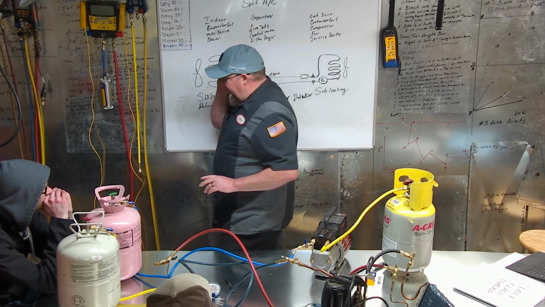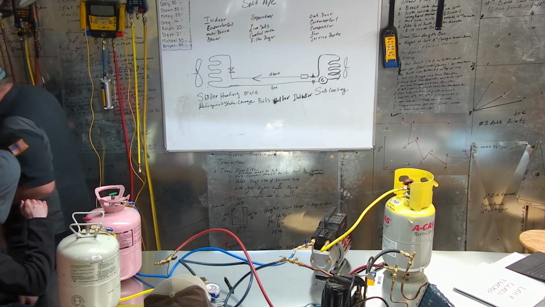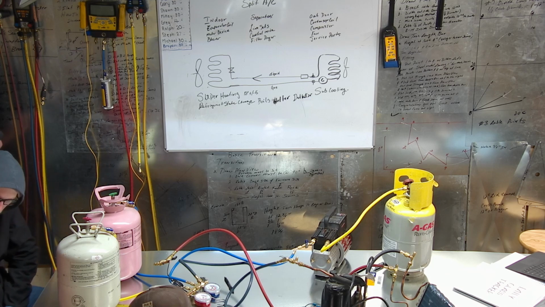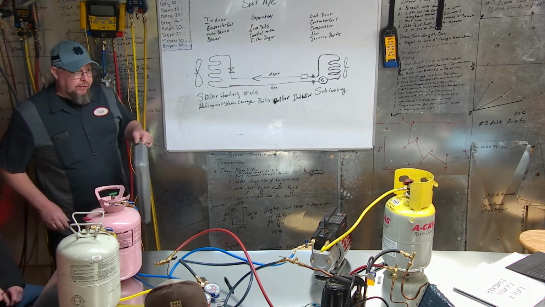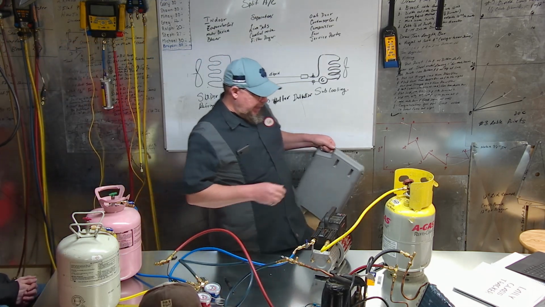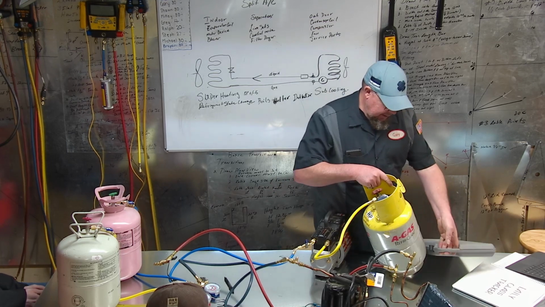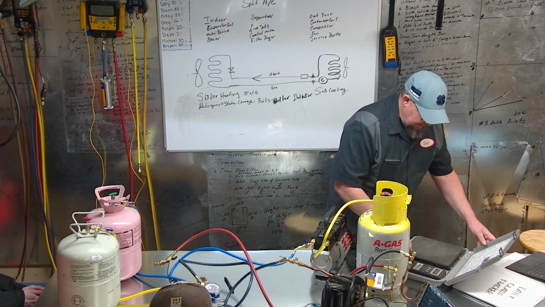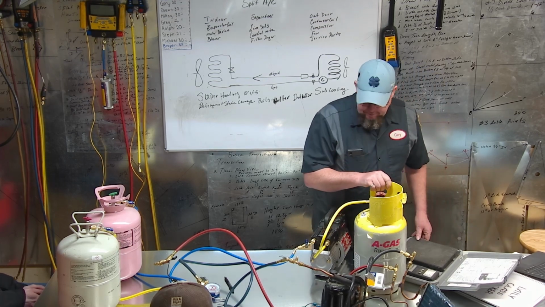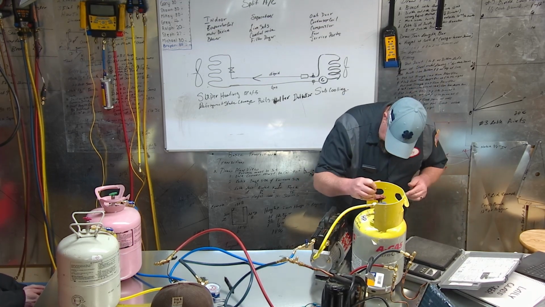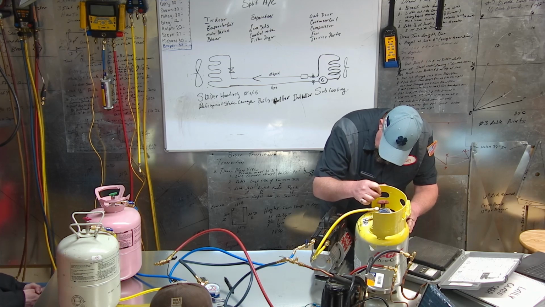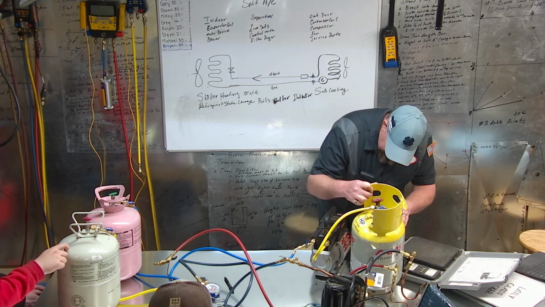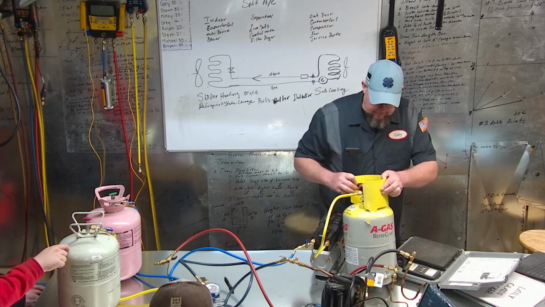You need to get a scale out and weigh your refrigerant as you're pulling it out, and keep track of it. This is an empty tank. It says on the side, I think it's on this side right there.